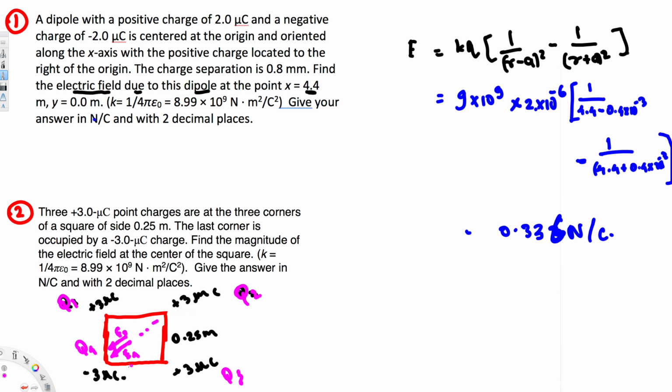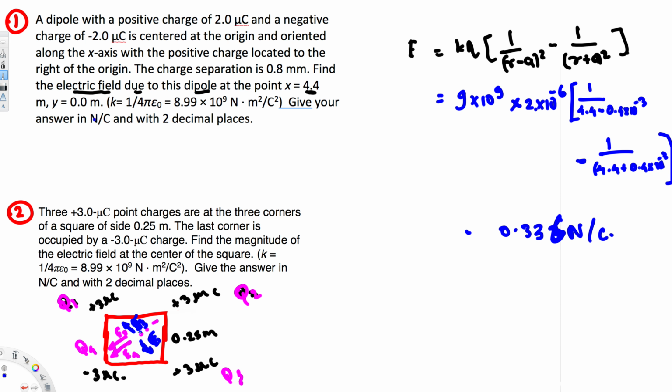And Q1 and Q3, both of them are positive. So E1 goes in this direction, away from that charge, and E3 is going to go in the opposite direction.